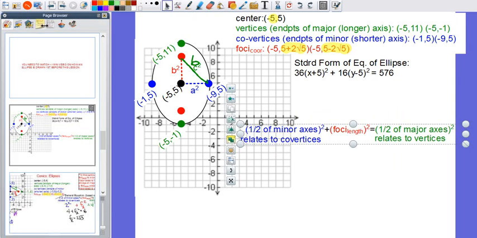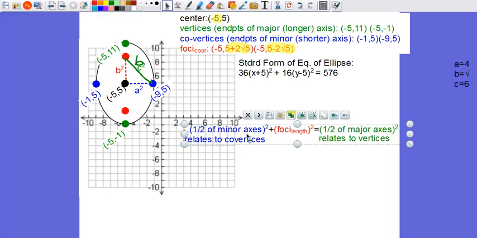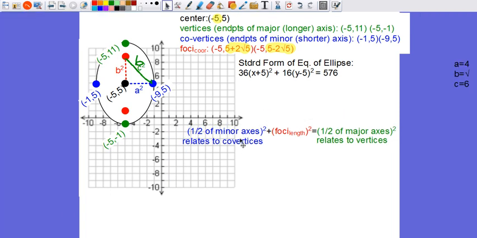So in this case, you would do 4 squared plus f sub L squared equals 6 squared.